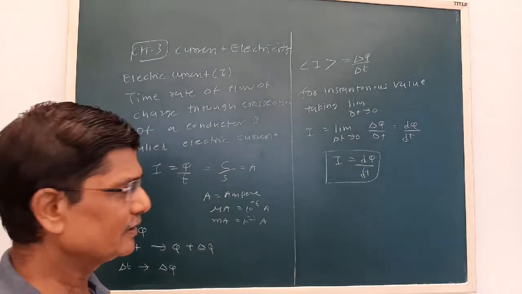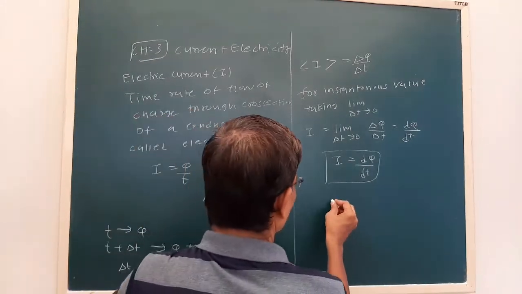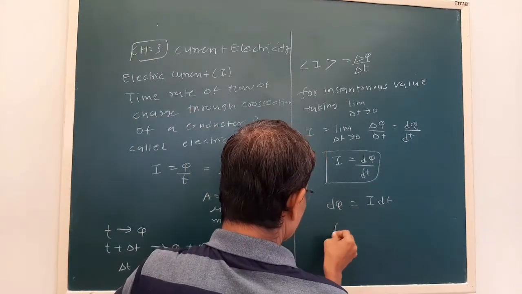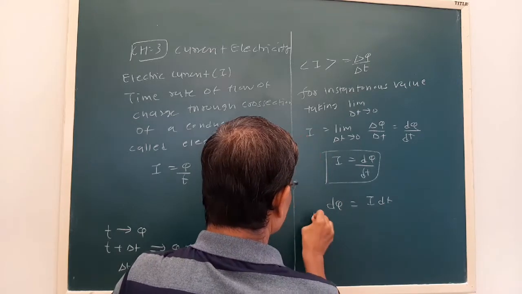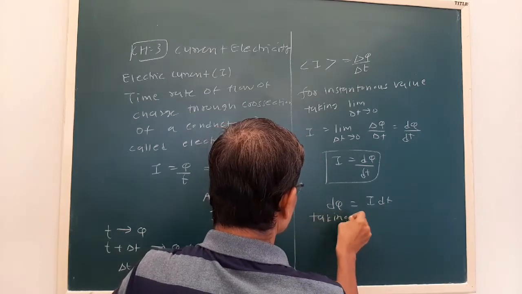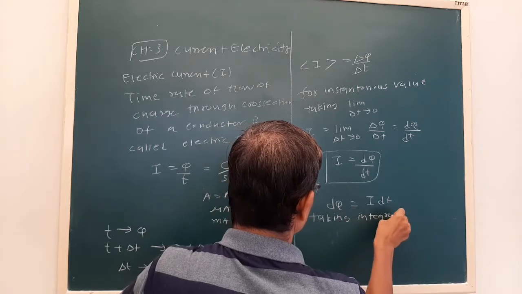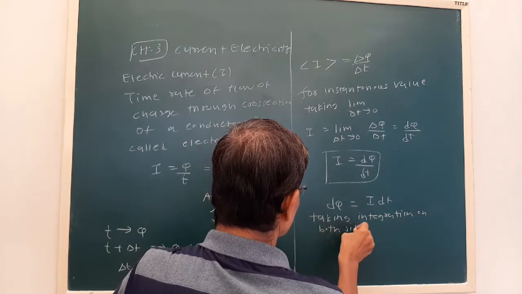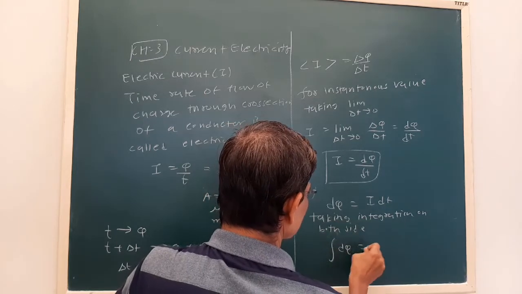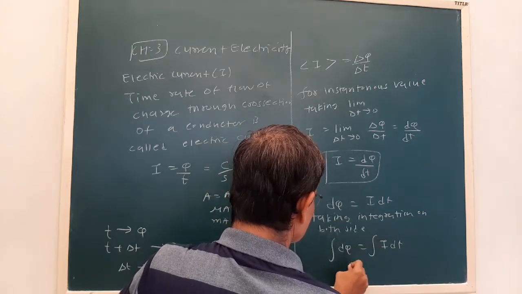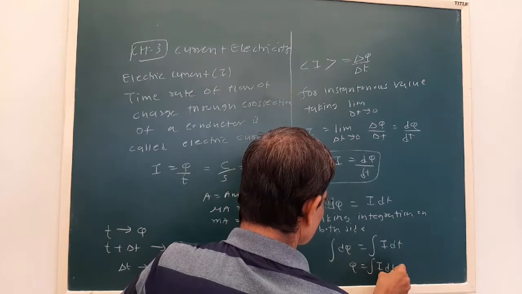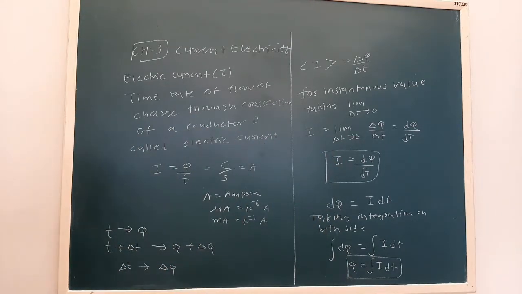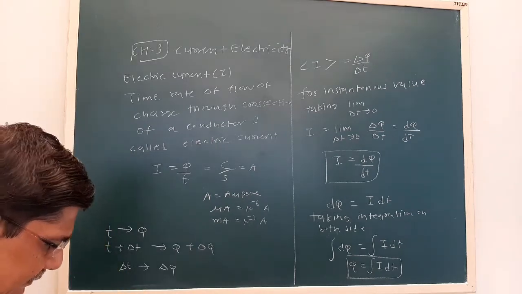Now from this we can find out the charge also. We can say dq is I into dt, and if I take integration on both sides, this is how we can find out the charge if the current is given.